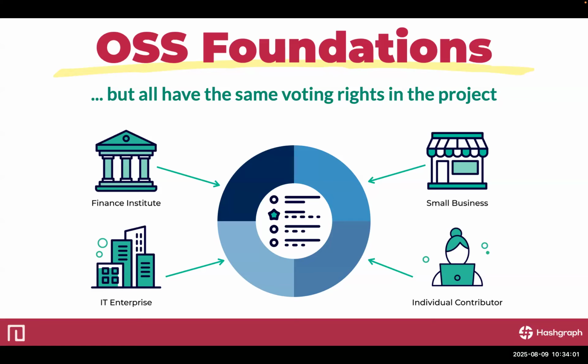At Hiero, for example, we have the technical steering committee that is driving that project forward, which has 9 people on it, some of them as individuals, some of them coming from companies. I'm, for example, representing the Hashgraph company on that committee, while the Hashgraph company is a member of the Linux Foundation, pays fees to it. We have individual people on that committee who are not members paying fees to the Linux Foundation, but they have the same voting rights as I have. And I think that is the important thing here.